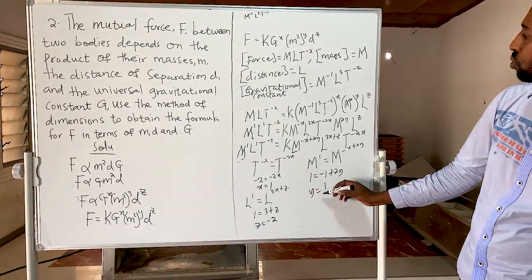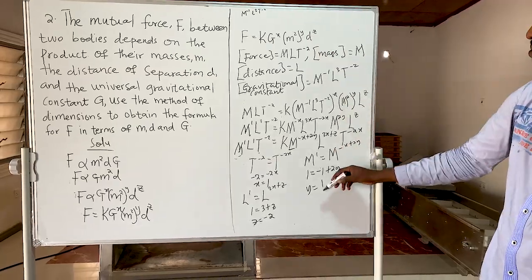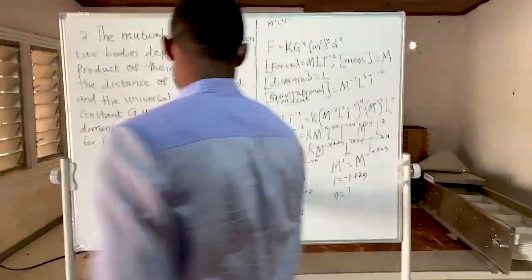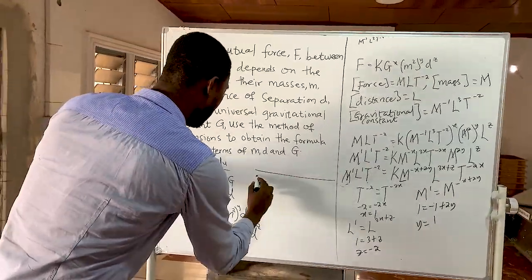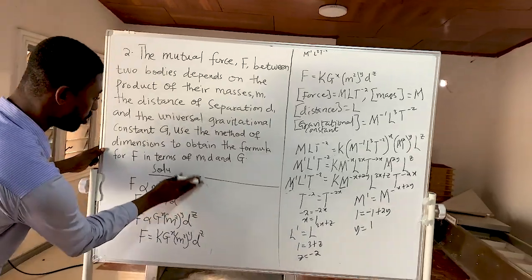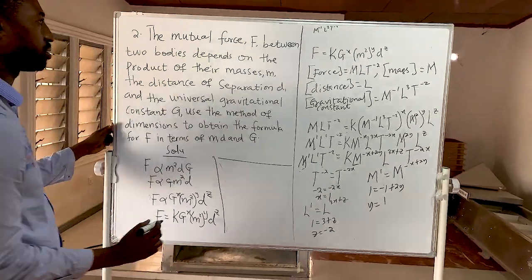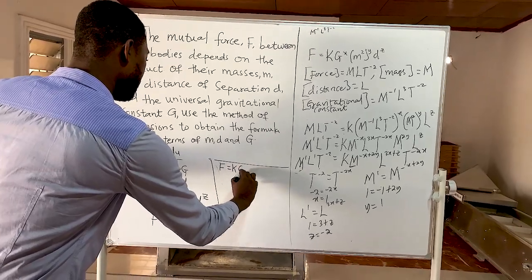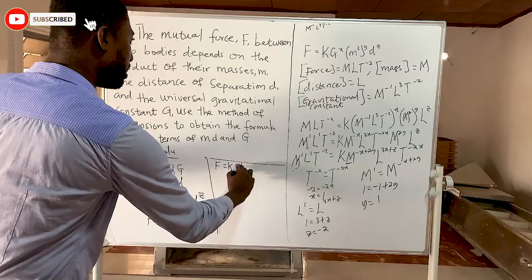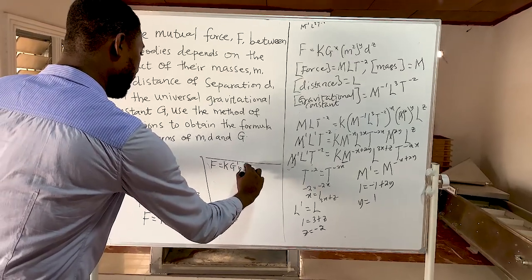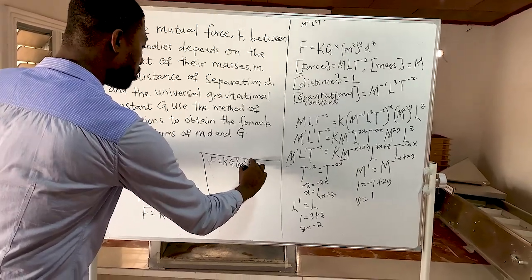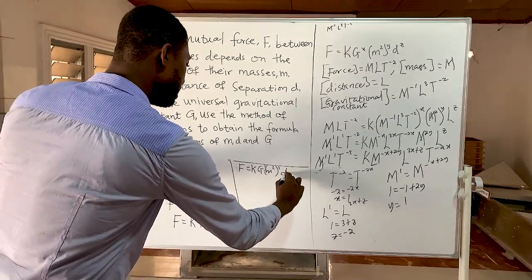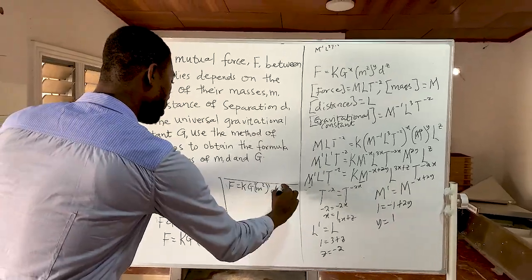So let's move to this side of the equation and substitute the values of x, y, and z here. So I want all of them to occupy the board. So here I'll have my f, which is equal to k j, x is equal to 1, m squared, y is also equal to 1, then z is equal to minus 2.